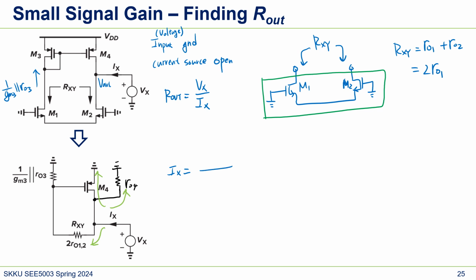That will be Vx over (1 over GM3 parallel RO3 plus 2 RO1), right? Plus, so that's number 1. So let's say this is number 1, this is 2, and this is 3.